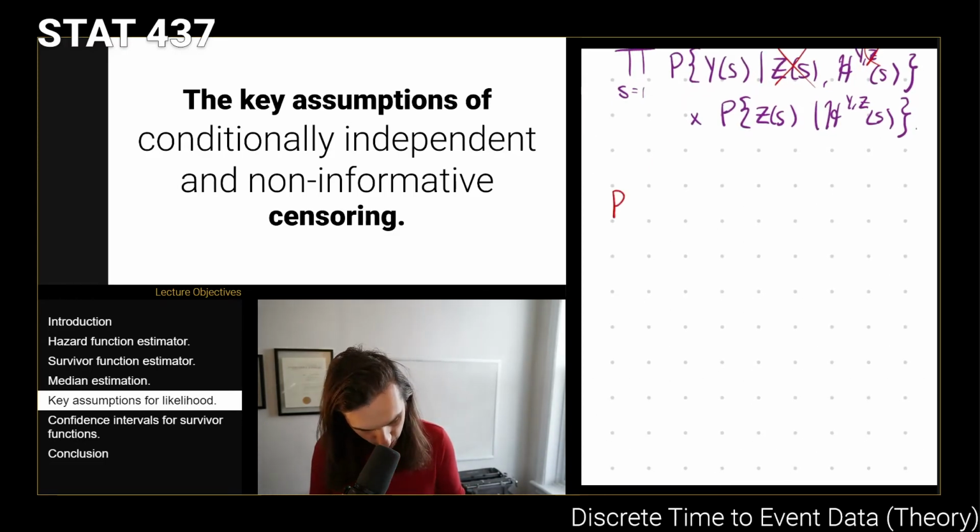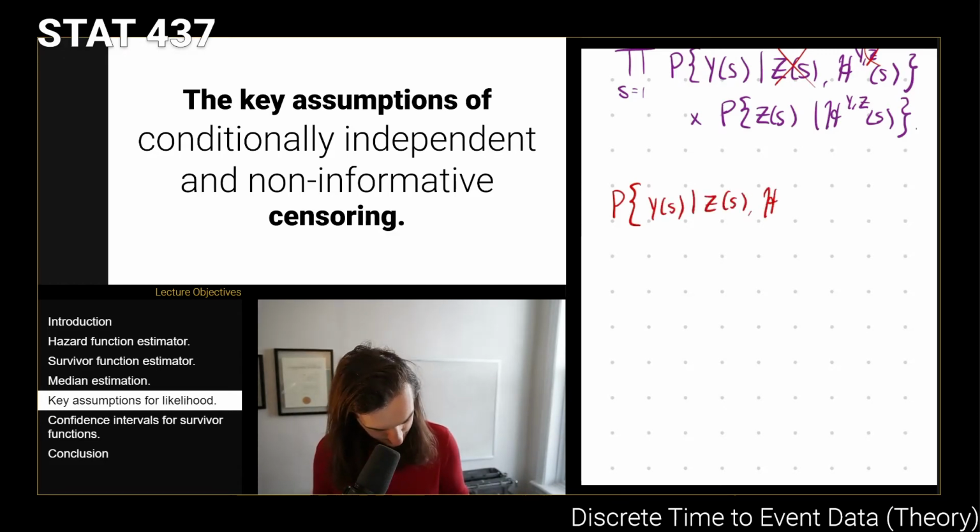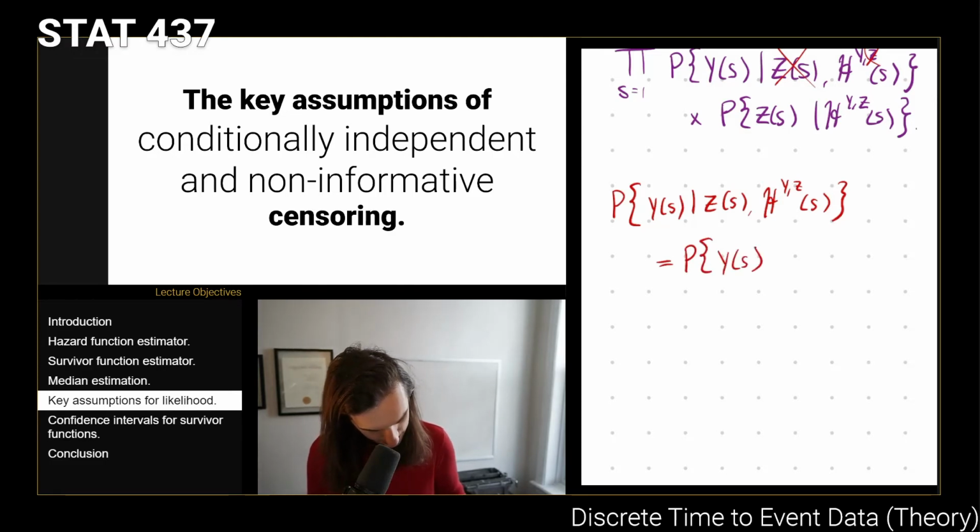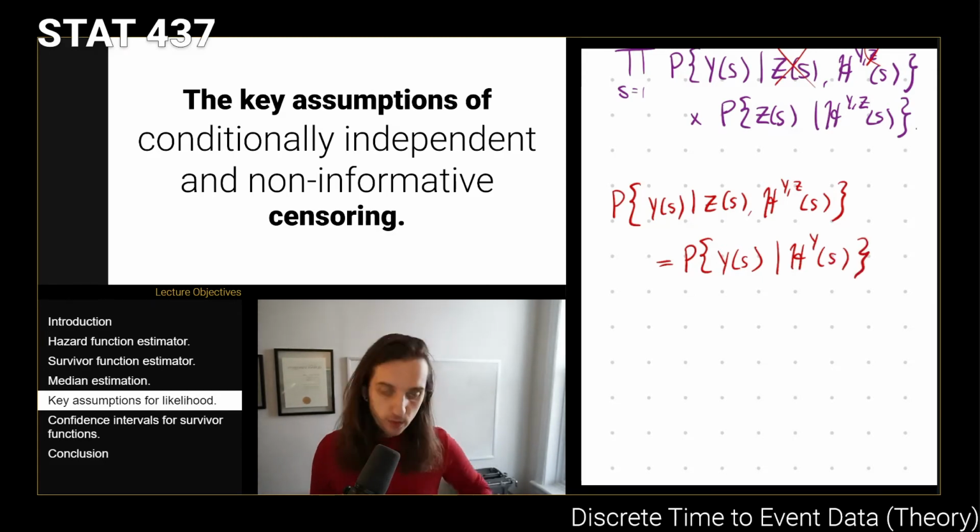What if the probability of ys given zs, this history vector here, what if this probability is exactly the same thing as the probability of ys, just conditional on the history of y? What if z is nowhere to be seen, assuming that we know the full history?